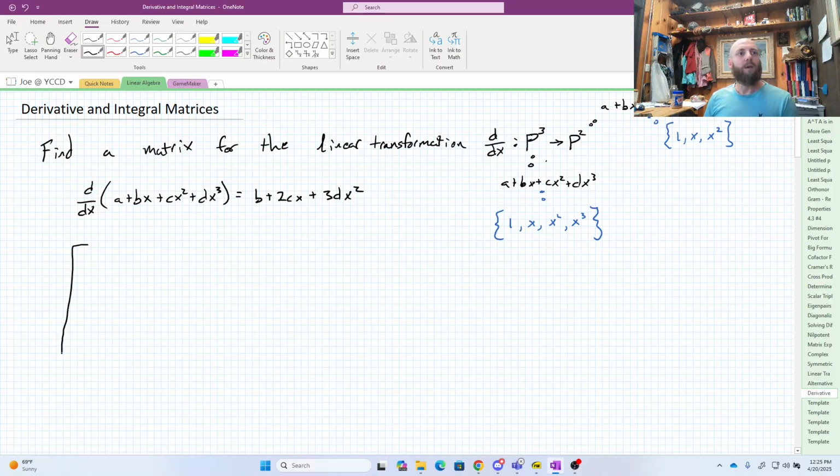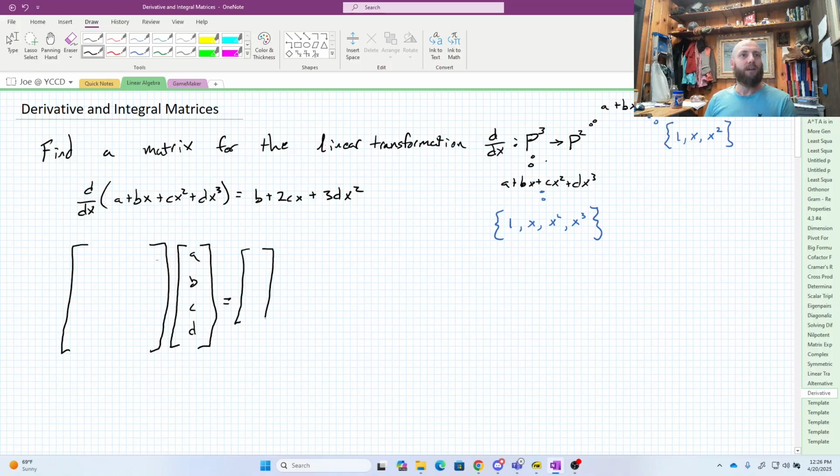The way I'm going to write down my matrix is I'm going to think, all right, if I apply this to a vector in this P3 space, which is going to look like A, B, C, and D, where A is on the 1 coordinate, B is on the x coordinate, C is the x squared coordinate, and D is the x cubed coordinate, I ought to get a new vector, and my new vector ought to be B, 2C, and 3D.